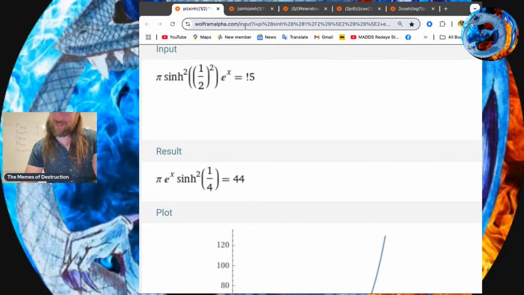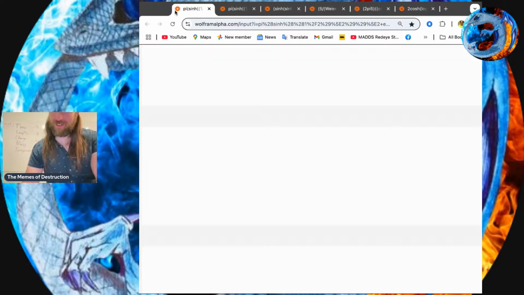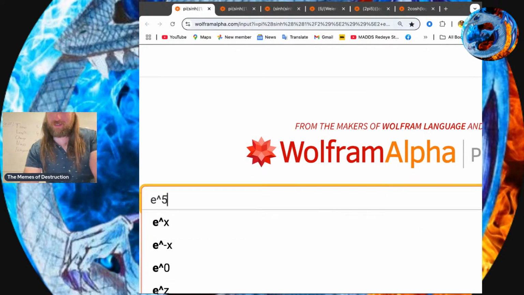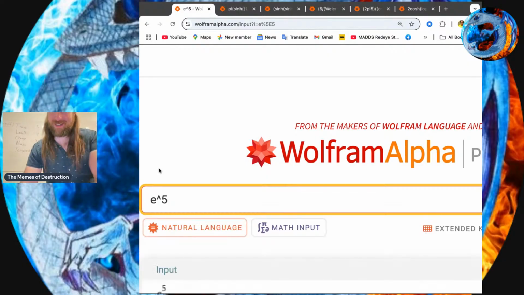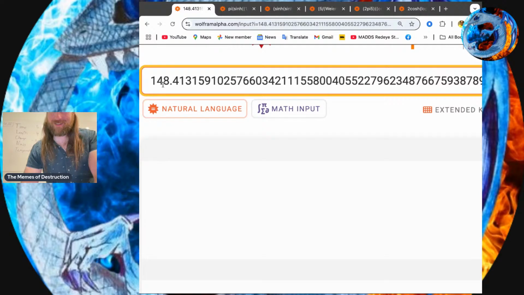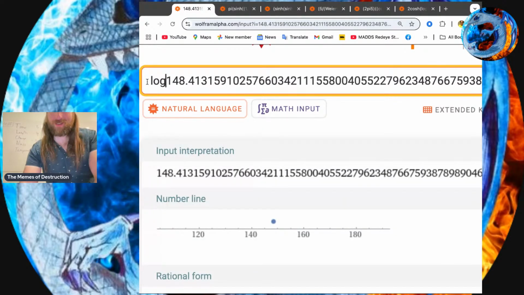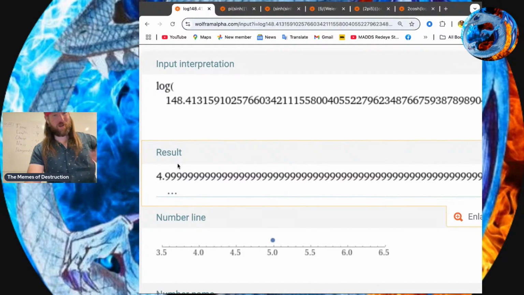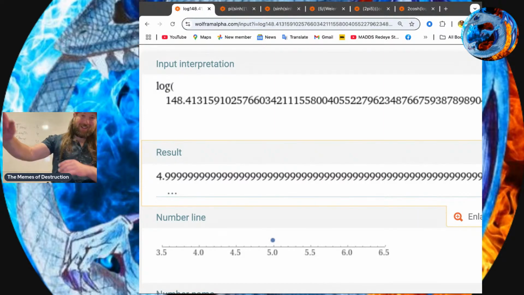So let's just do this real quick. We'll duplicate this. Okay, so if I do something like e raised to 5, all right, so we get that random number there. Click on this random number, and to nobody's surprise, if you take the log of that, you should get, oh, look, it looks like about 5. Okay, so that's essentially the relationship.